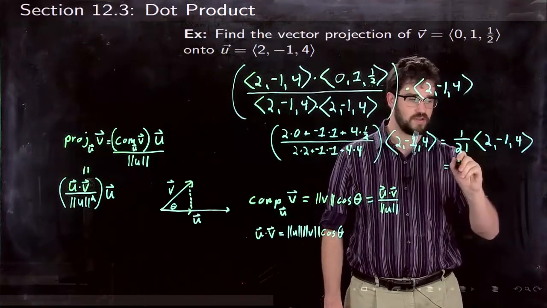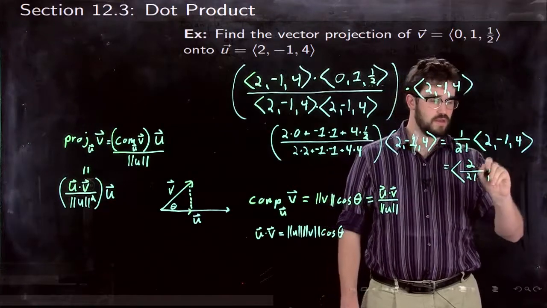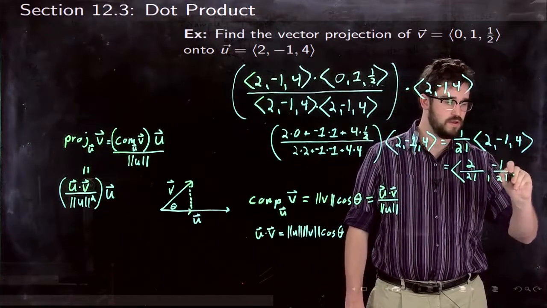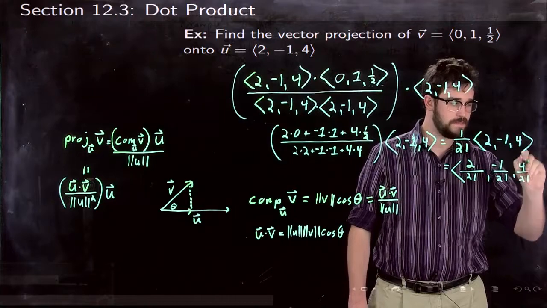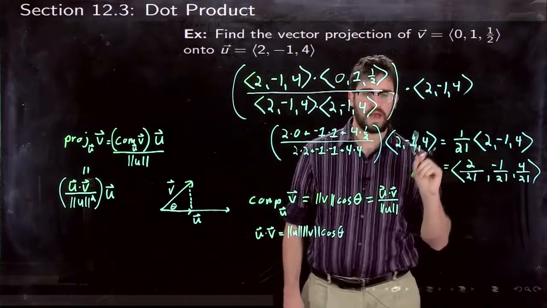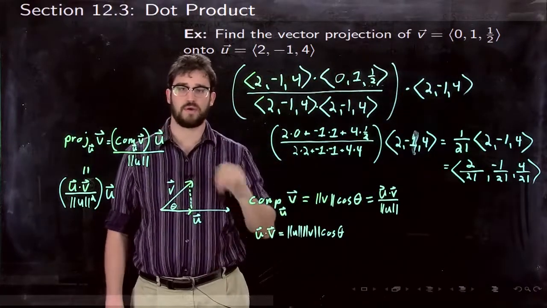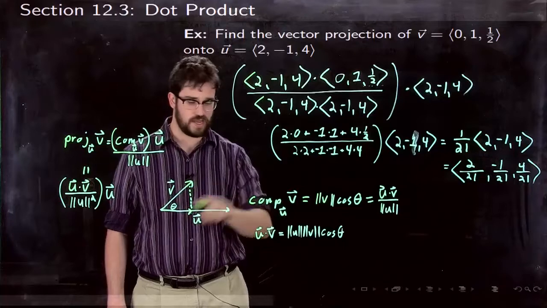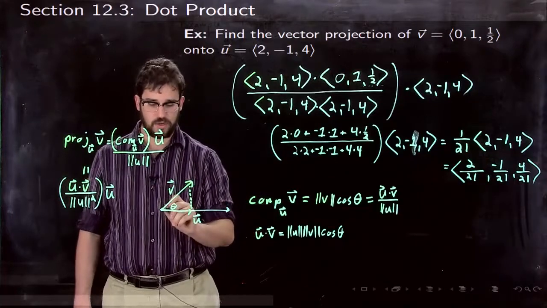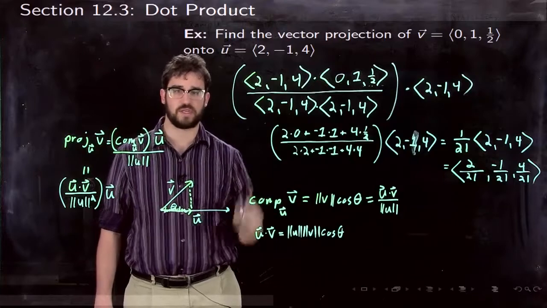But if you really want to look at it, you have now the vector 2 over 21, -1 over 21, 4 over 21. And this is your new vector that is v projected down onto u. Just like in this picture here, we would have this v onto u, this little squiggly component there.